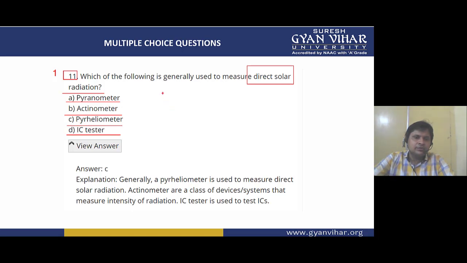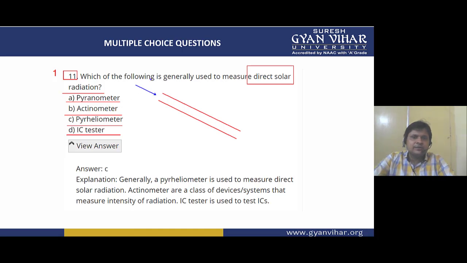As I discussed with you, if I talk about this particular pyrheliometer, the radiations captured by it are only the direct radiations.